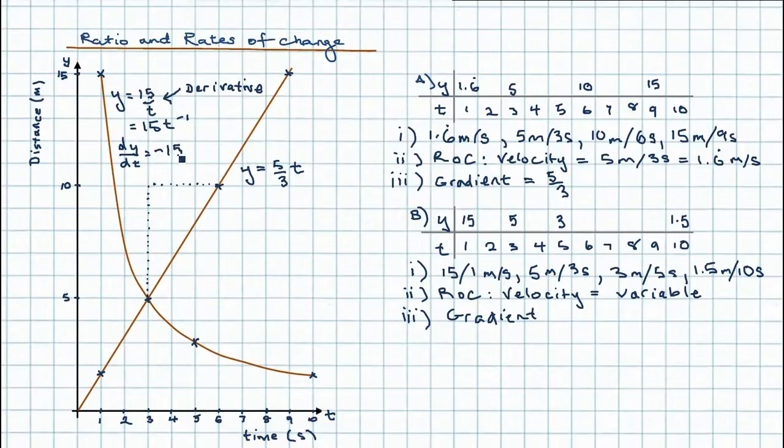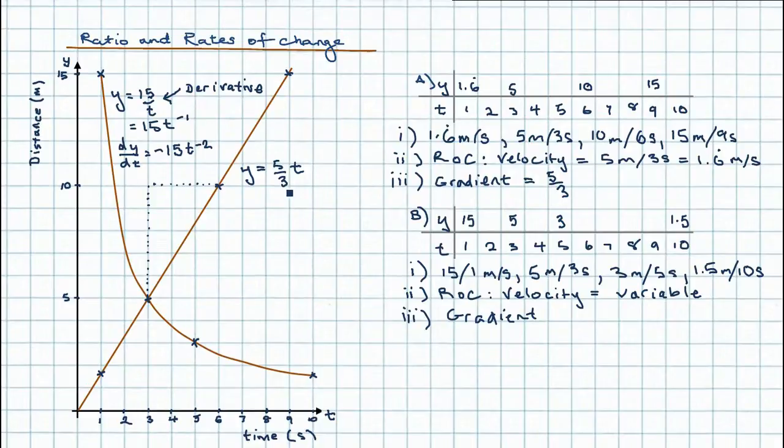Very simple. Just take the index, whatever it is, multiply by the coefficient. So minus 15 t, and then the second step is we have to subtract 1 from the index. So minus 1 minus 1, minus 1 minus another 1 gives us minus 2. And that's it. That's the variable expression for our gradient. And if we've got our gradient, then we've got our velocity.